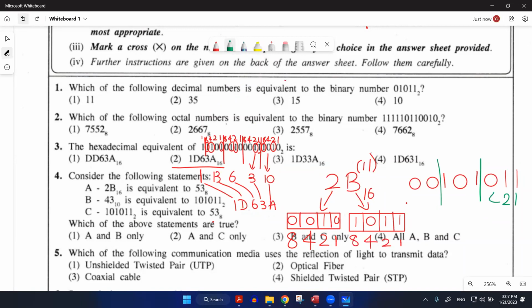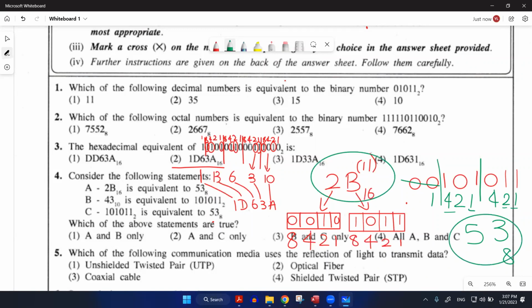We really don't need to convert the first part because it's 2 zeros. Here it's 2 plus 1, which means 3. Here it is 4 plus 1, which means 5. So 53, and this is in octal. So that means this equals 53 in octal, and statement A is correct.